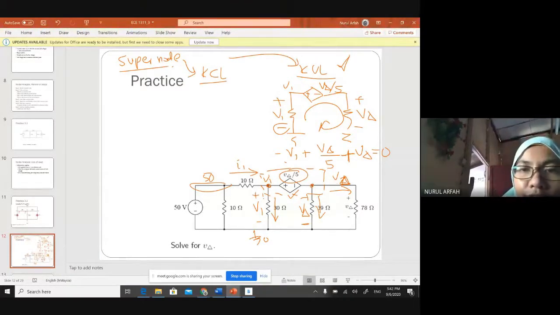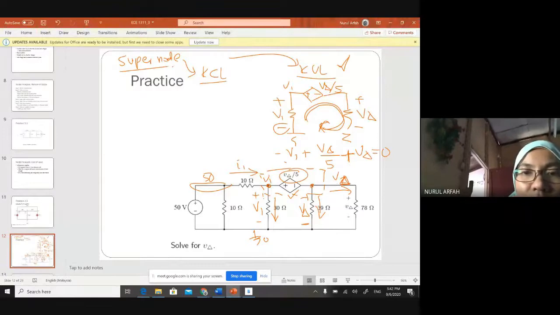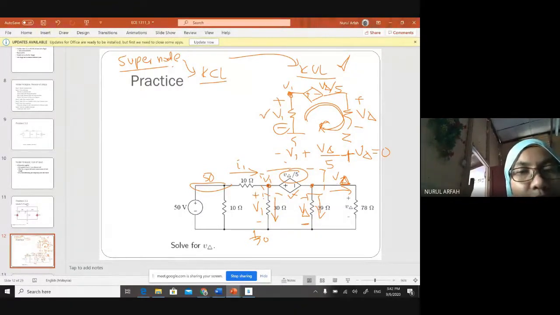For KVL, we need to find the loops. In our case here, this loop. Since this node is V1, you can name this as V1. Start from minus because this is a ground. And then same as this part, V delta, plus up here, minus here.